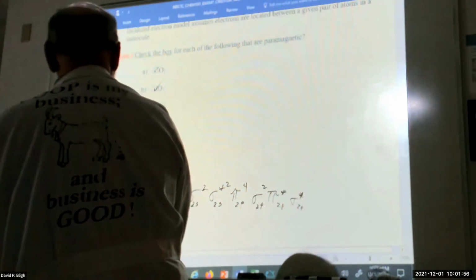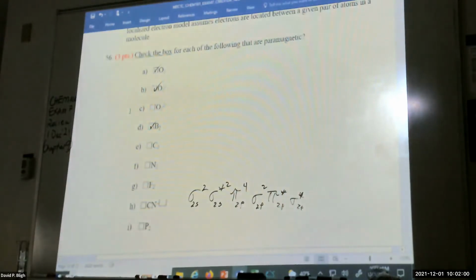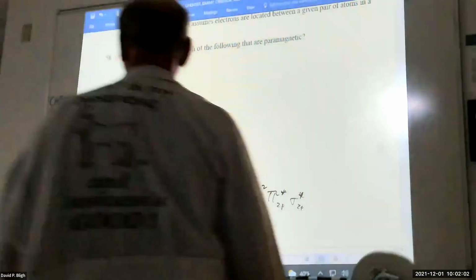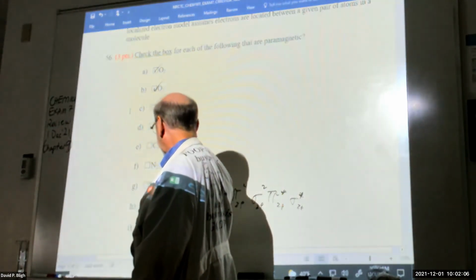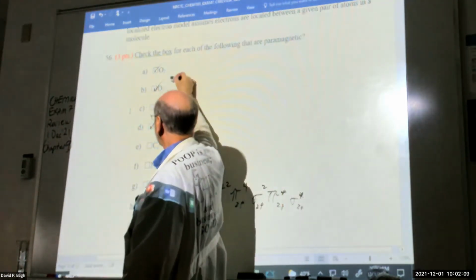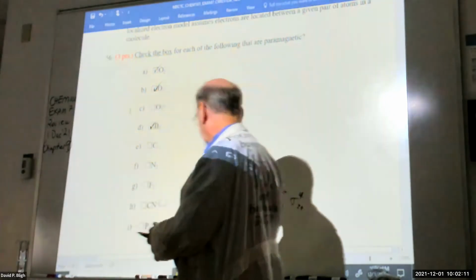And then P2 is going to look like nitrogen, and nitrogen is diamagnetic also. These are the only 3 that are paramagnetic.